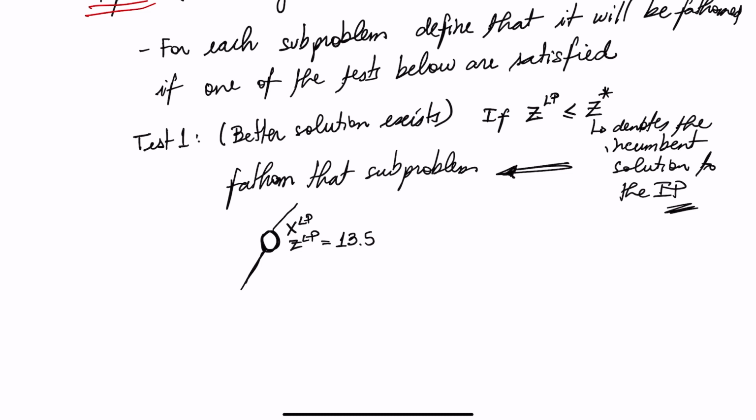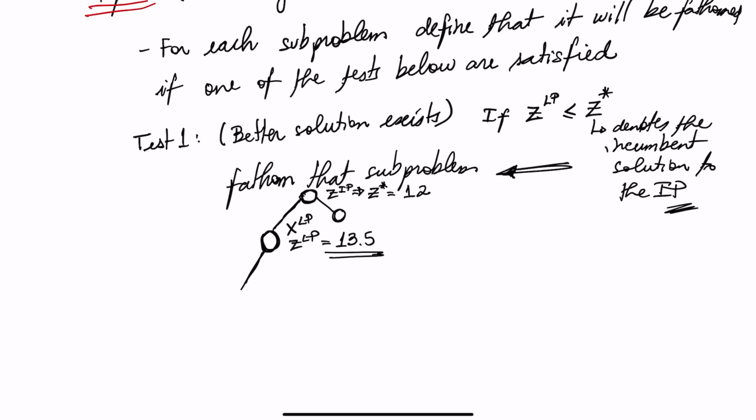This LP came from a branch, and I have an incumbent solution that was found at some other place on my tree that gave me the ZIP at that moment, or the incumbent solution up to that point, equal to 12. Okay?